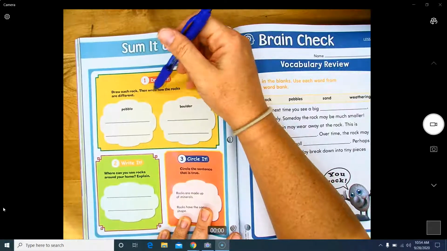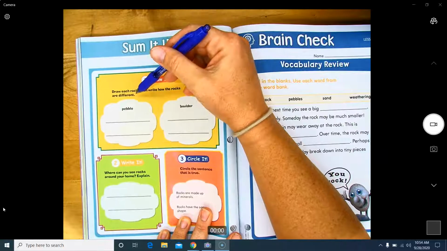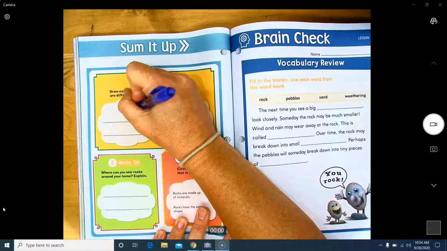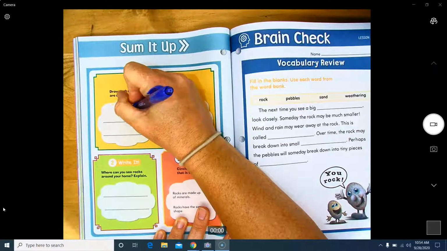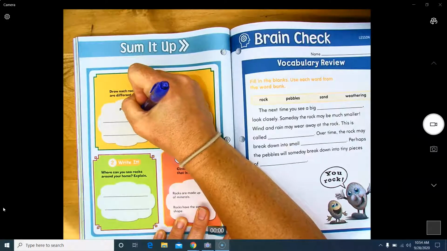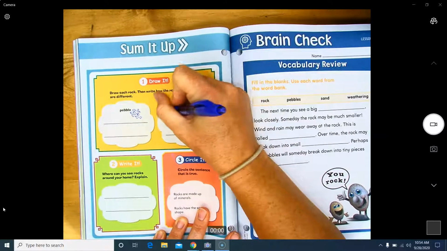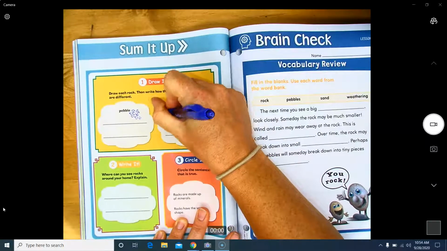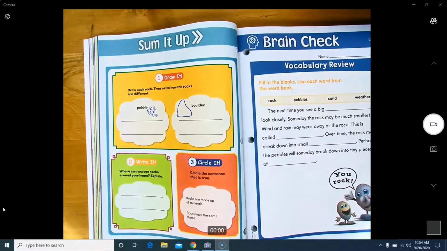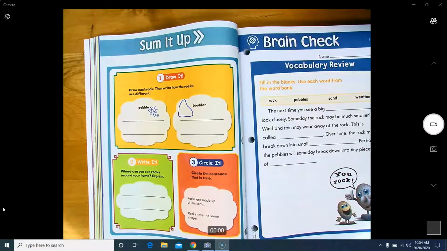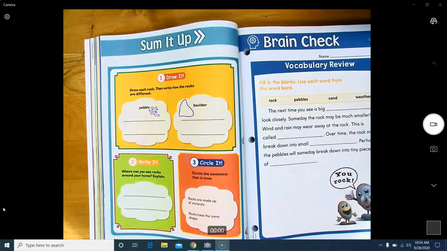Draw each rock, then write how the rocks are different. So we have pebbles. I'm trying to draw different shapes of pebbles. And then a boulder. Ooh, big old boulder. Okay? So then tell me how they are different.